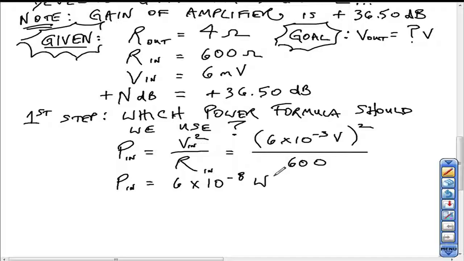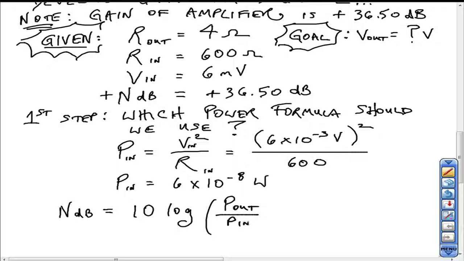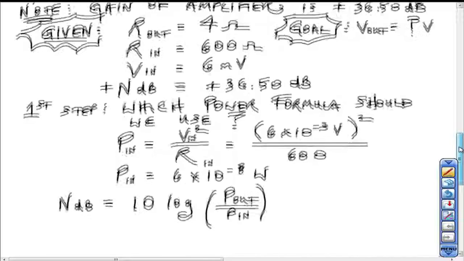Excellent. Now if we could go ahead, let's bring in our NdB formula. This is the new concept for your chapter 21. It's going to be 10 times the log of power out divided by power in.